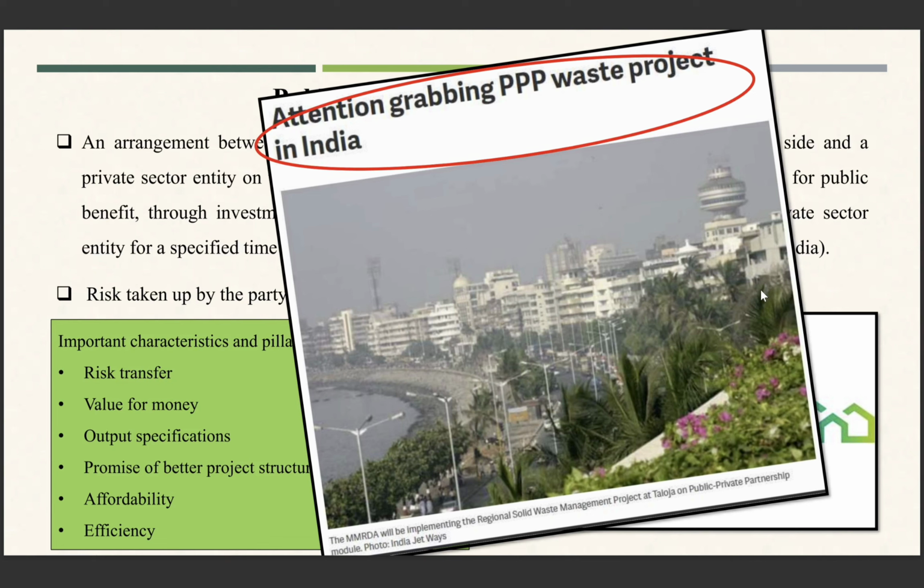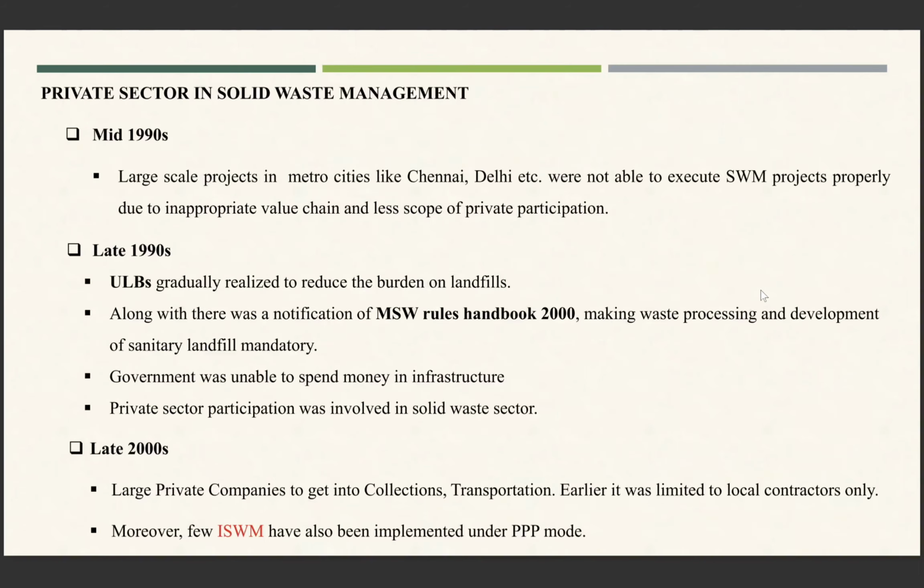Here also the investment is made by the public entity for some time, or it can also be taken care of by the private partner. There are some characteristics and pillars of PPP projects: risk transfer, value for money, output specification, promise of better project structure and design, affordability and efficiency.